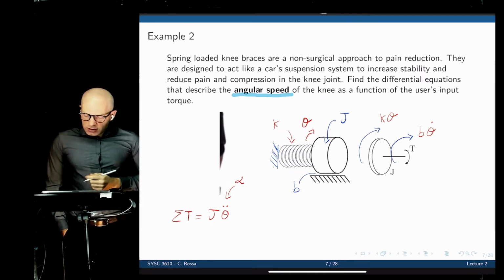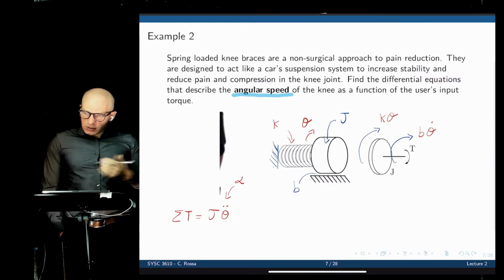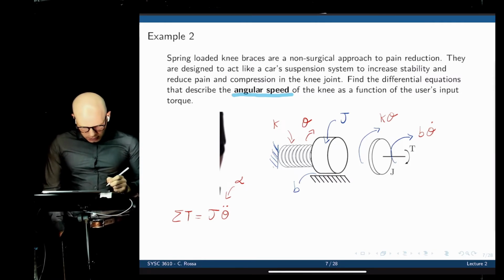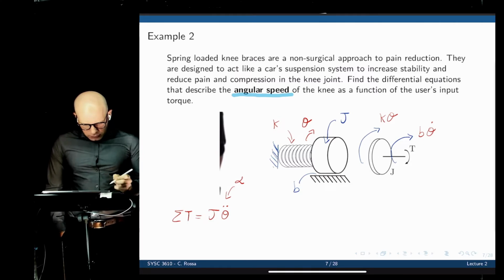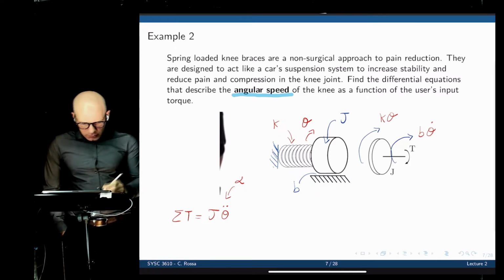So what is the sum of torques here? Now we need to define a positive and negative direction. Let's make anything that goes clockwise positive. That's a convention that we are choosing.